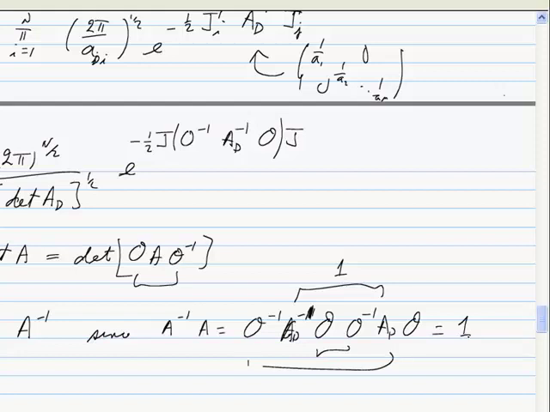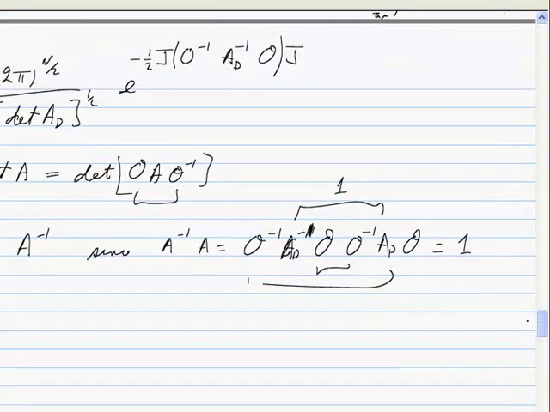So that's 1. So if A and A diagonal are related by this rule, then that's the inverse.